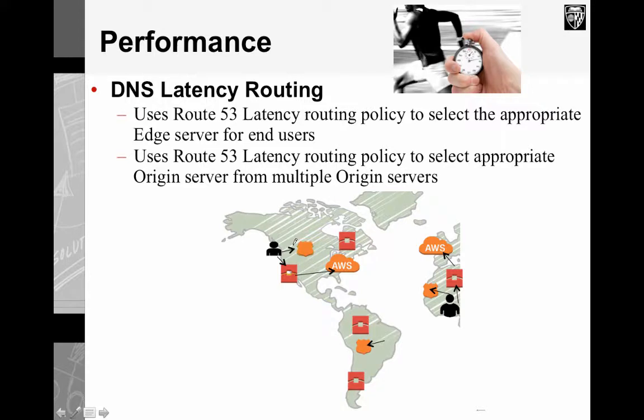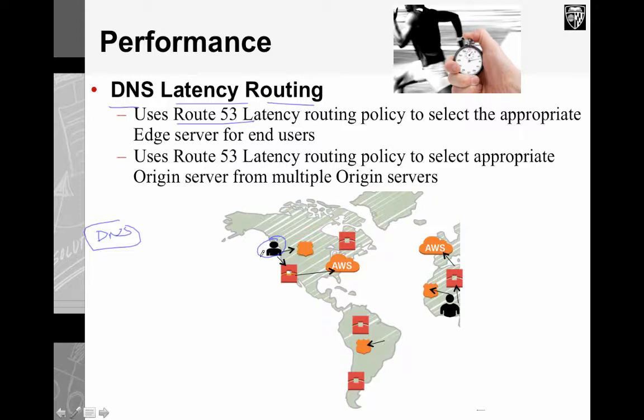CloudFront also uses DNS latency routing in order to get the end user to the right edge server. If you recall, AWS has something called Route 53, which is their DNS service. When an end user types in a URL in the browser, or whenever the end user is trying to access a specific resource, the URL has the host name.